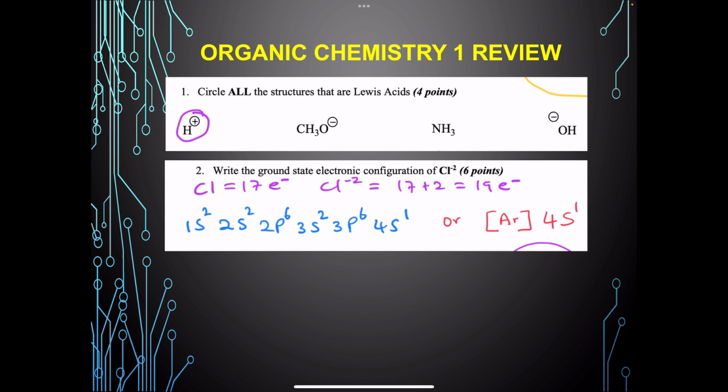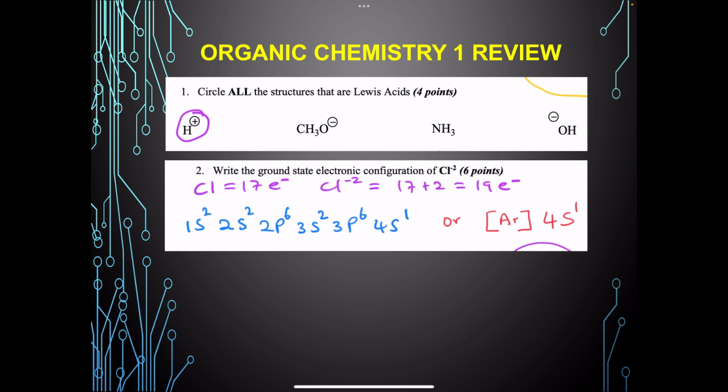Each of those have a maximum of 2, so that adds to a total of 6 electrons, so 2p6. Then we move to the next one, 3s2, and then 3p6. Then after that, we don't go to 3d because actually 4s has a lower energy than 3d. So we put the remaining 1 electron on the 4s orbital.